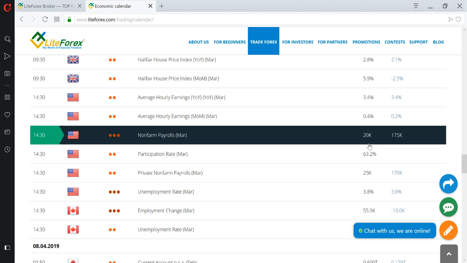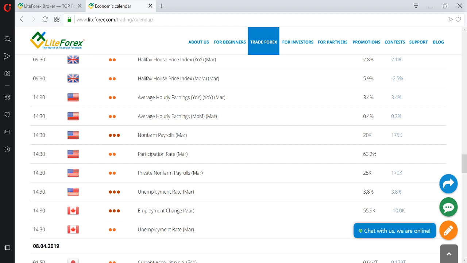So we'll see what is happening with the American economy and whether the market has become too convinced with the dovish approach of the Federal Reserve, or hope remains and the US economic data may be better than the market expects.